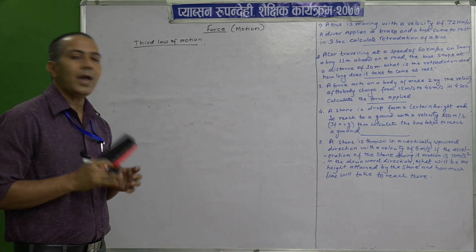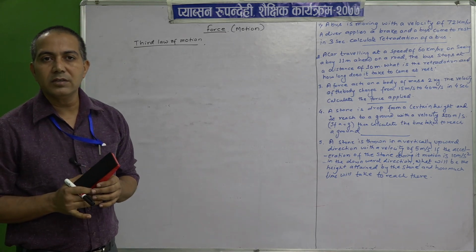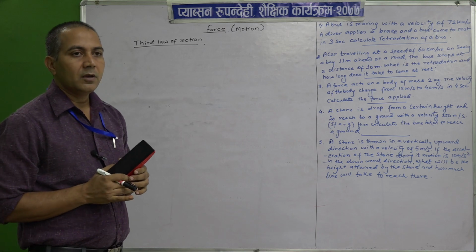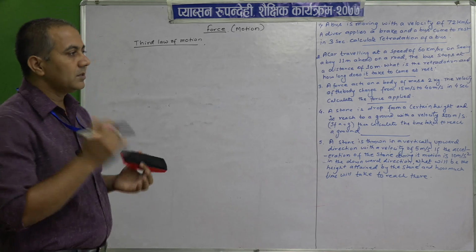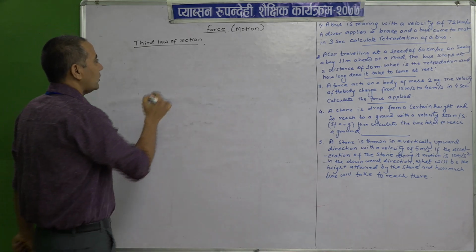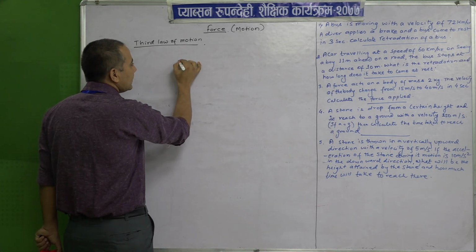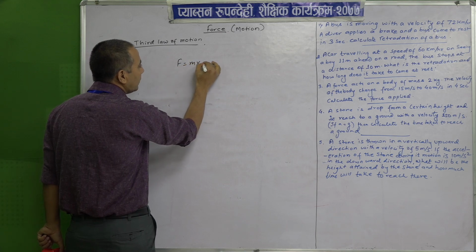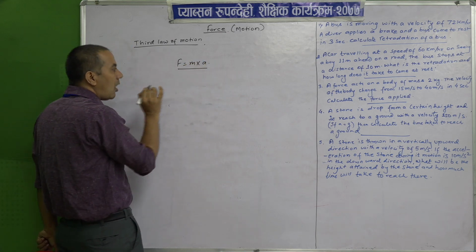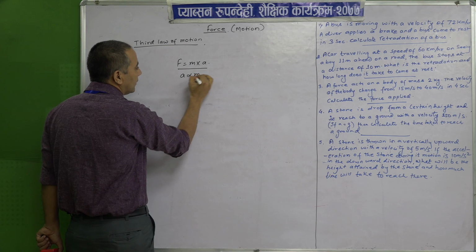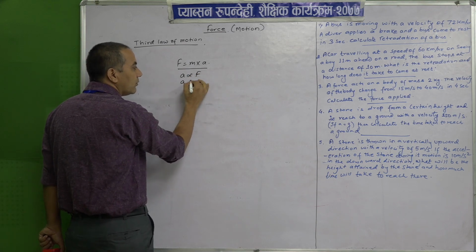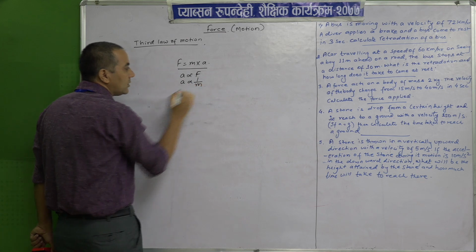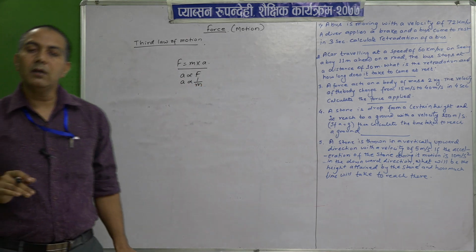Then we also studied Newton's second law of motion. What is Newton's second law of motion? We must keep the formula in our mind: F equals m into a, or a is directly proportional to the force applied and inversely proportional to the mass of the object.